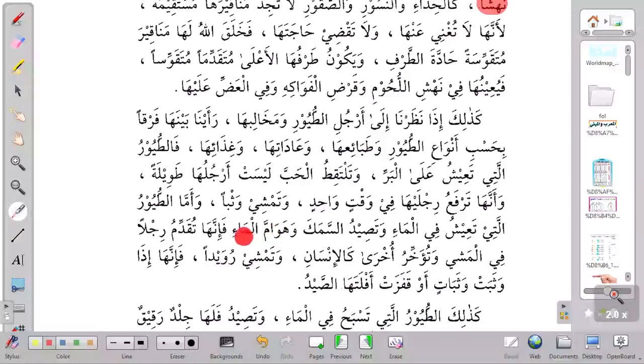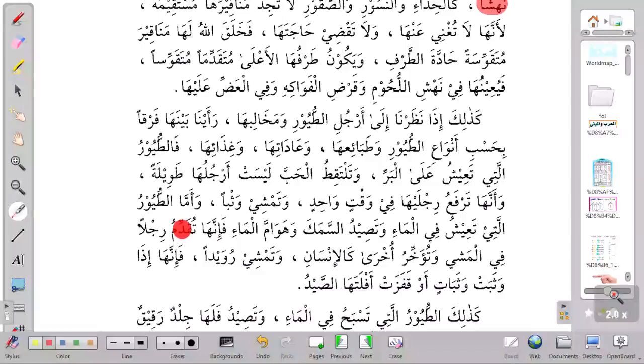Hawam al-ma is what they call vermin in English, water vermin. Hope that is clear. So وحوام الماء, they feed on fishes and then water vermin.